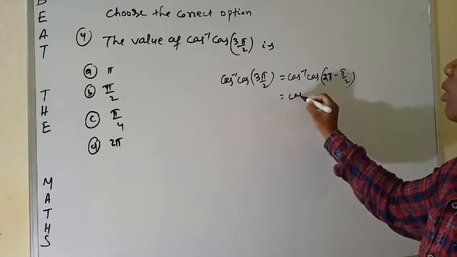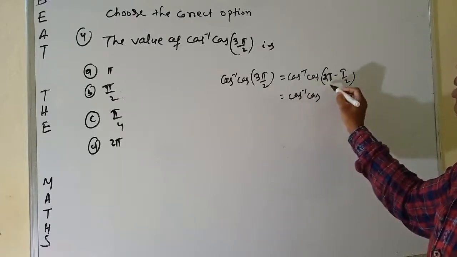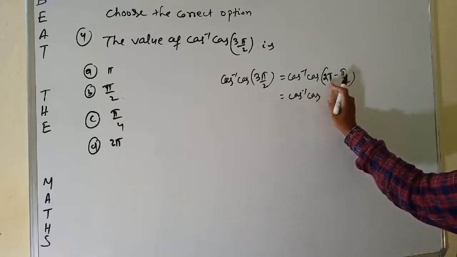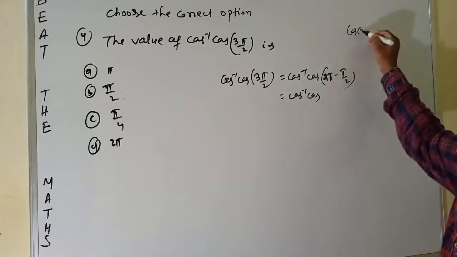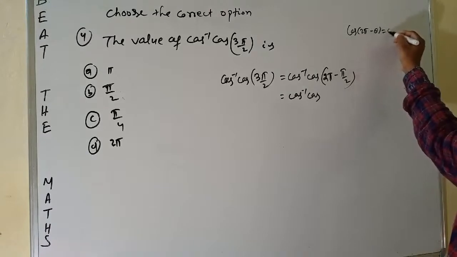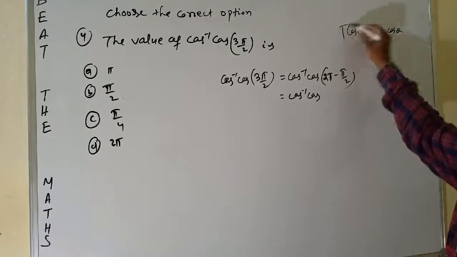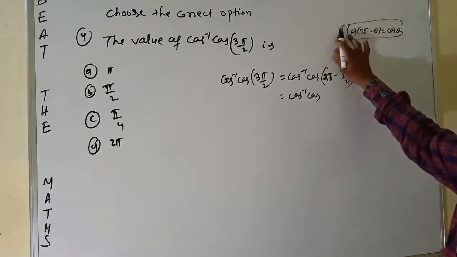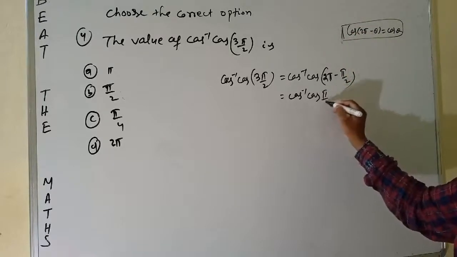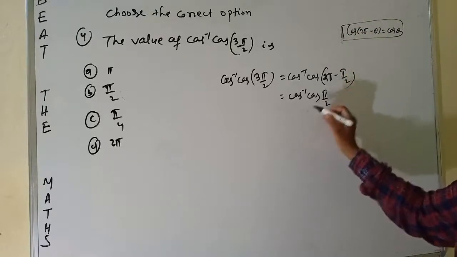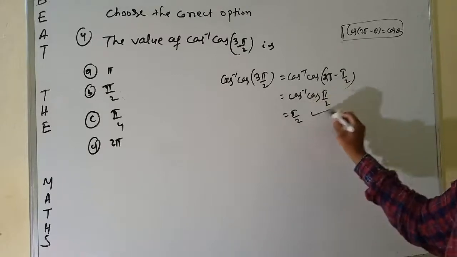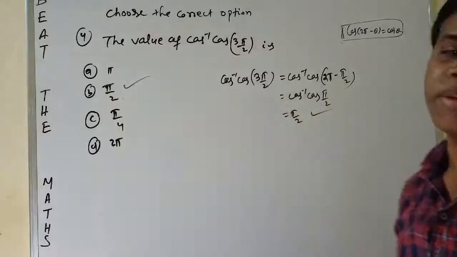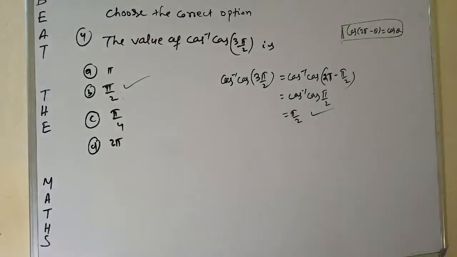Cos of 2 pi minus theta is equal to cos theta. So we can write cos inverse cos pi by 2, cos inverse and cos cancel out, we get pi by 2. So the correct option is pi by 2. Pause the video, note it down.